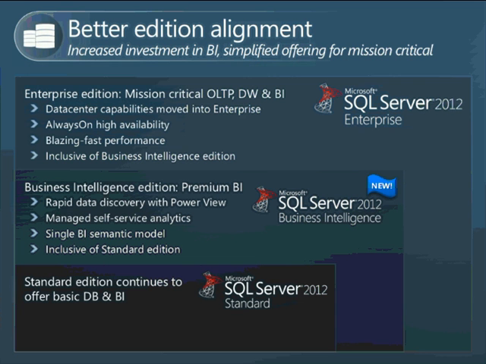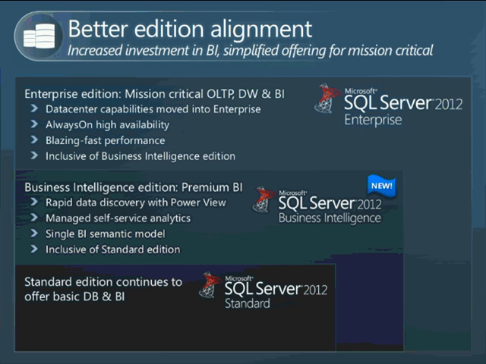If you want to get the premium BI features, for example, Power View, all of the integration with SharePoint and Power View and some of the advantages there, the BI semantic model, you would move to this edition to gain those capabilities.